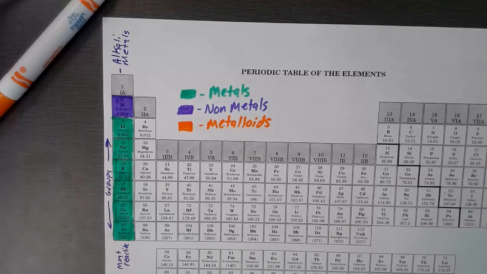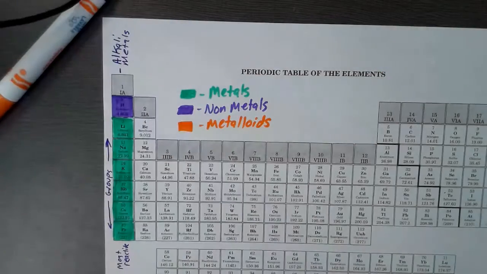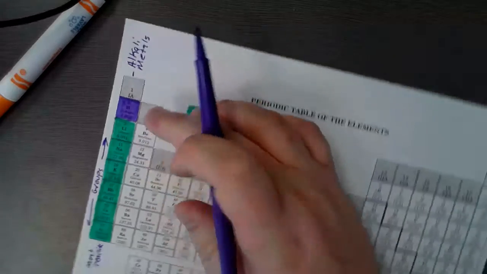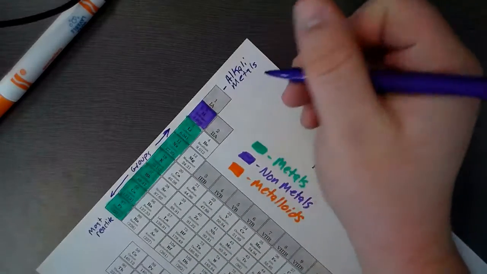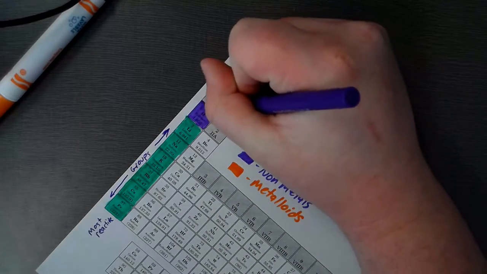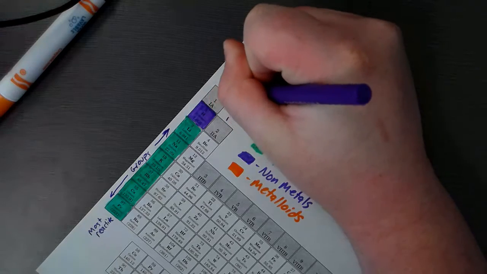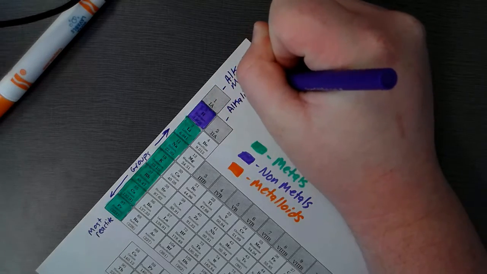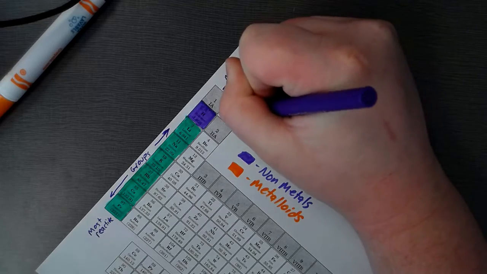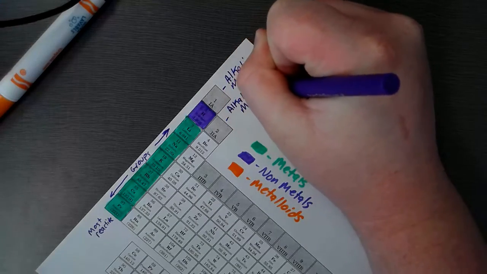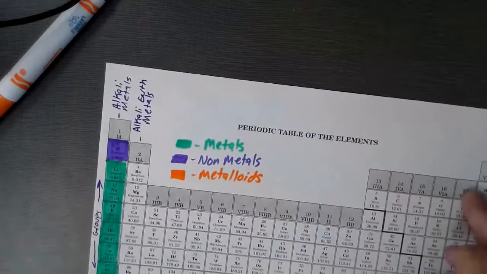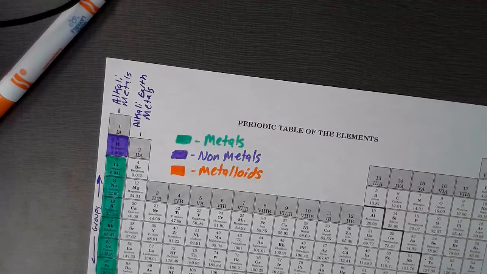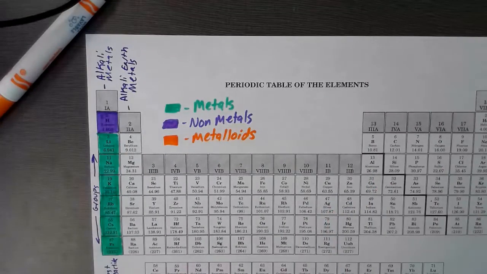Next group would be group 2, and these are called the alkaline earth metals. As we go from left to right, we also see that these get less and less reactive.